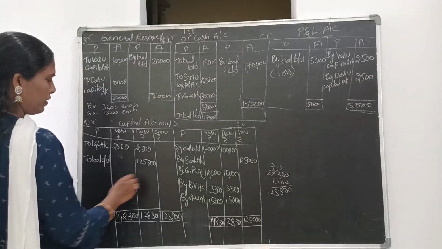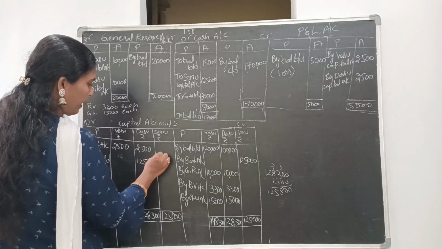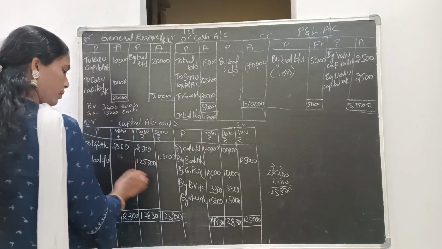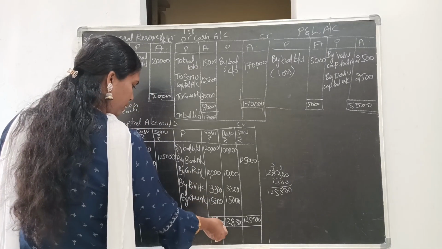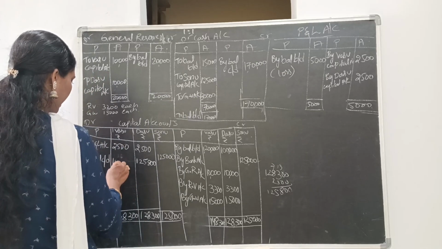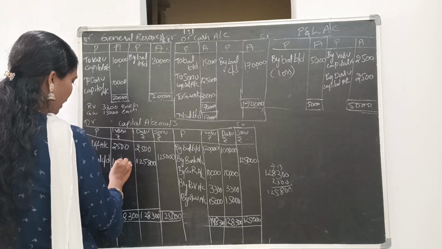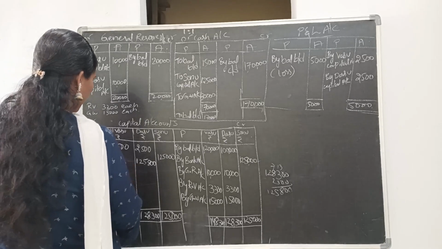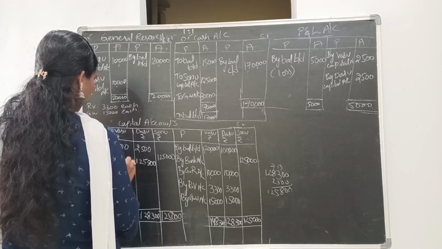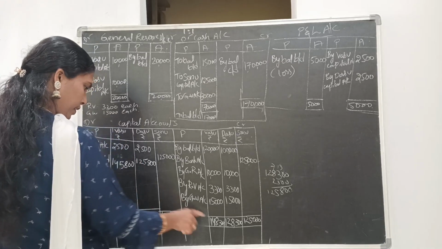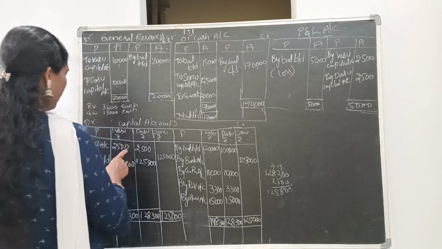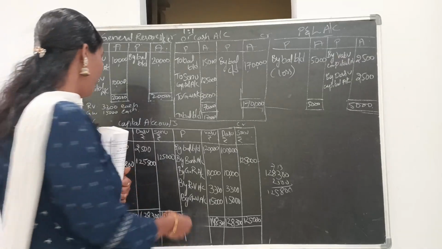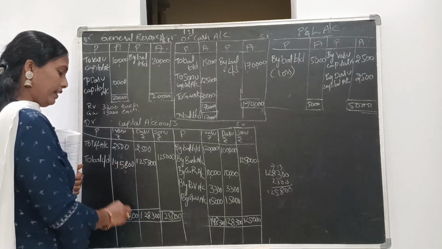So this is Dasu's adjusted capital. So 1,25,000 is the Sonu new capital. Now 1,48,300, here also we will get minus 2,500. 8,300 minus 2,500 is 5,800. 1,45,800 is the balance amount.